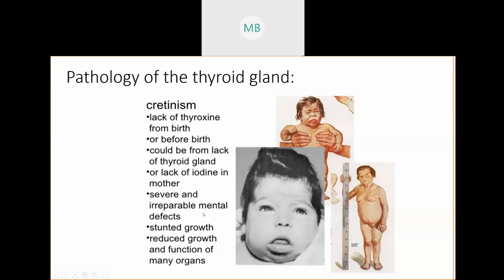Because of the lack of growth and ability to develop, cretinism generally has severe or irreparable mental defects associated with it, because if the child's brain and nervous system did not fully develop due to lack of thyroid hormone, they're going to have mental problems and be slower about things. They will also have stunted growth, so they're going to stay tiny longer, and they're going to have reduced growth and function of many of their organs as they get older, because they didn't have access to thyroid hormone when they started growing.